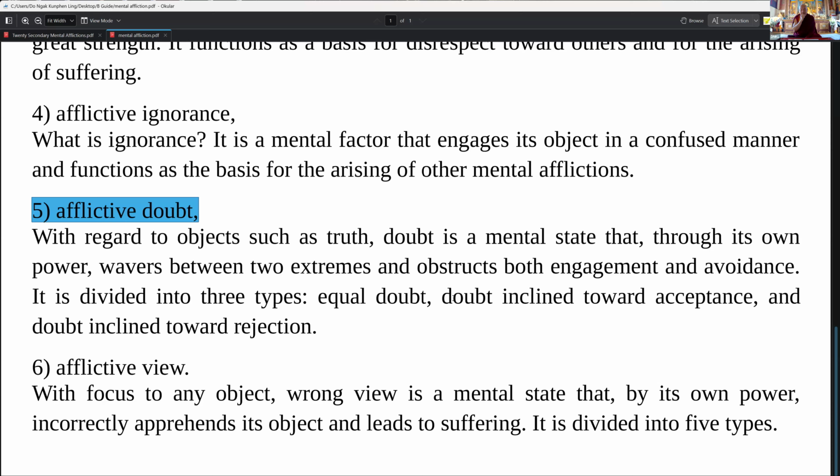It says here, with regard to the functioning things, object, truth, doubt, mental state, and through its powers, it is divided into three. Okay.